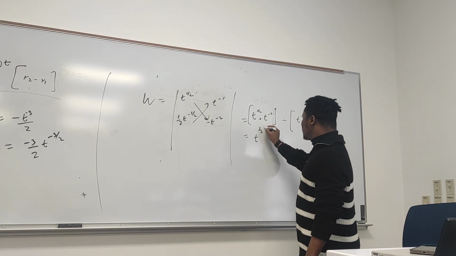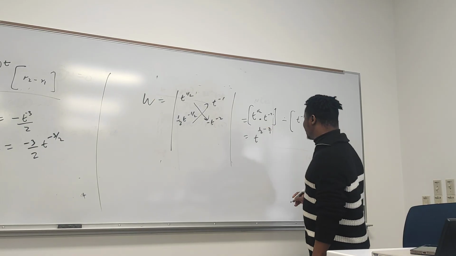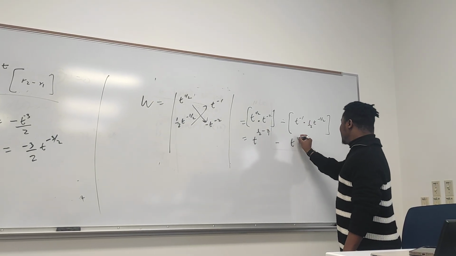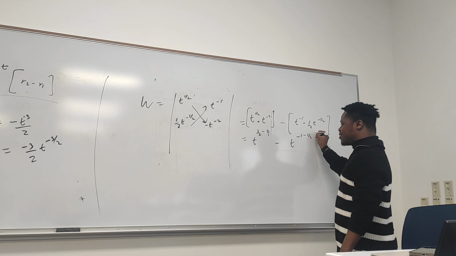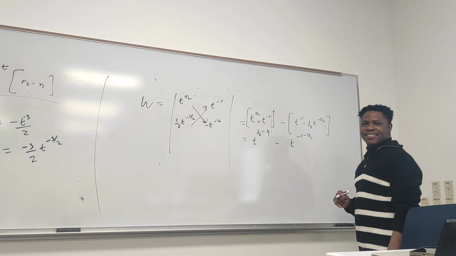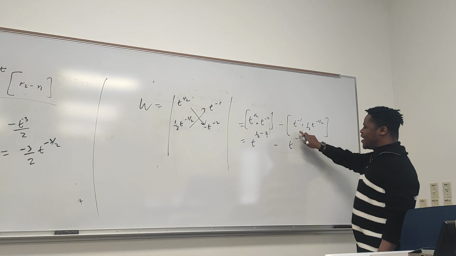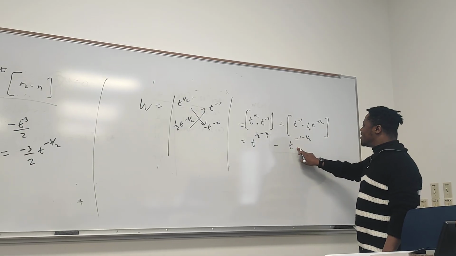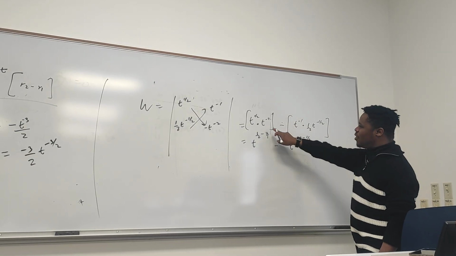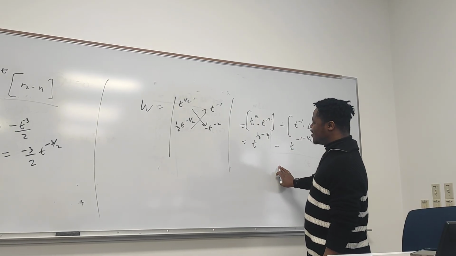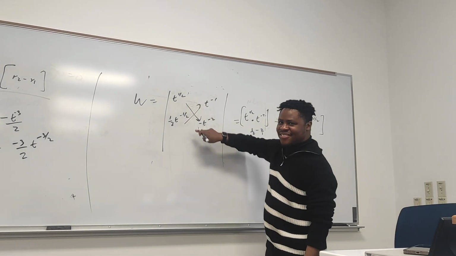1 over 2 minus 2 over 1. Minus t minus 1 minus 1 over 2. Is this correct now? I think there's a negative in front of the first two. Yeah, this is minus here. Yes, because in the determinant matrix, the second term should be minus.